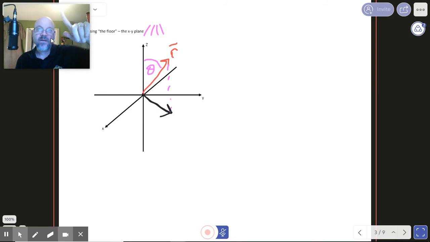Okay. But that shadow is sort of directly below our vector there. And then the angle from the X axis over here, we're going to call that phi. It's pretty traditional notation to call the angle off of Z theta, and the angle around from X to call that phi.